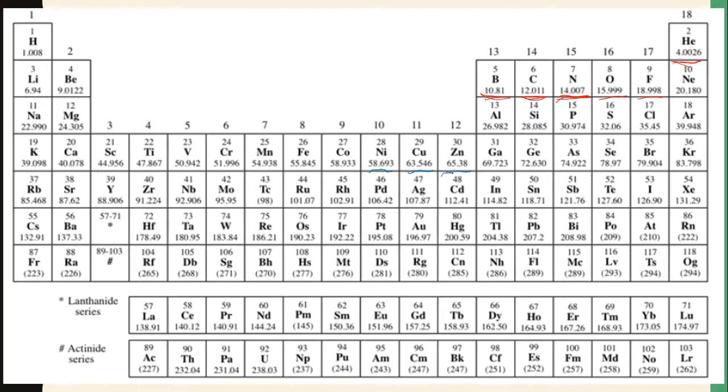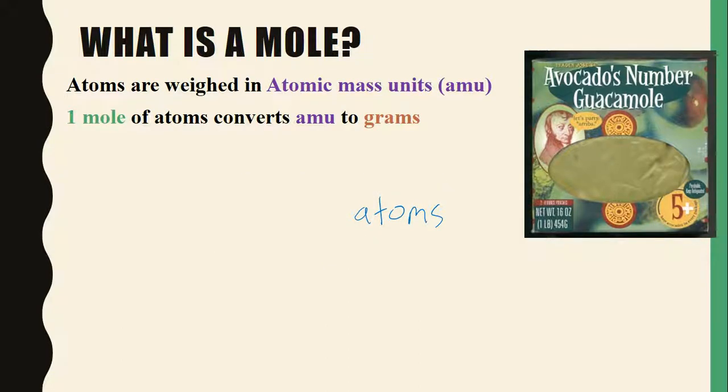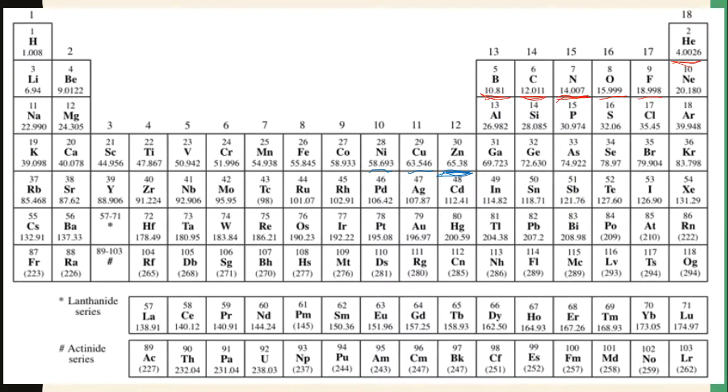So zinc, for example, has different isotopes, and when you take into account the percentage of their existence and what each one weighs, and those are typically whole numbers, they average out to 65.38. And what Avogadro said was if you have 6.02 times 10 to the 23rd atoms of zinc, it would weigh 65.38 grams.